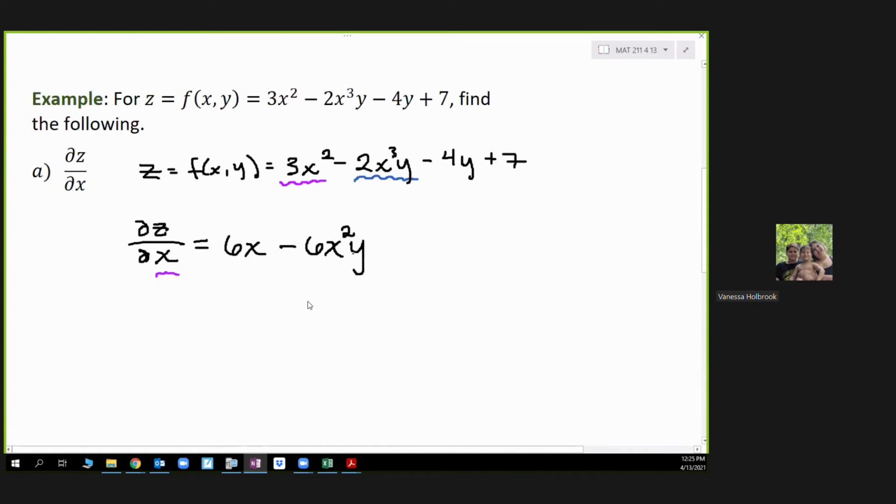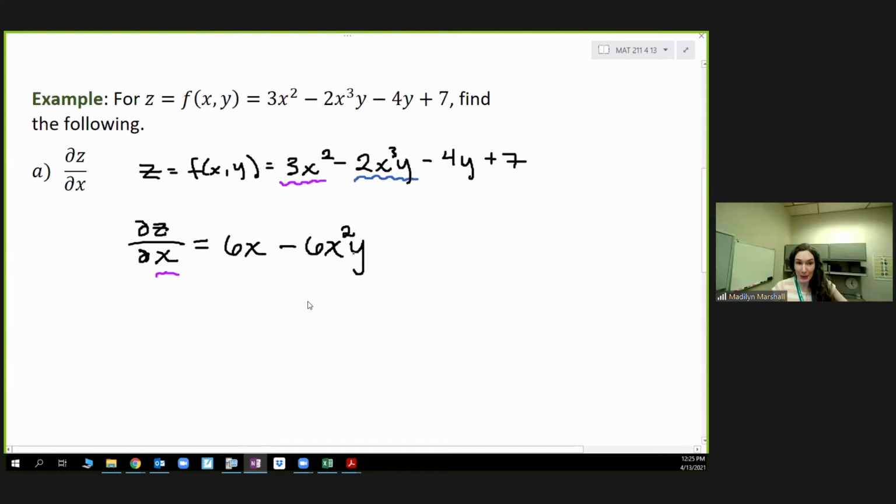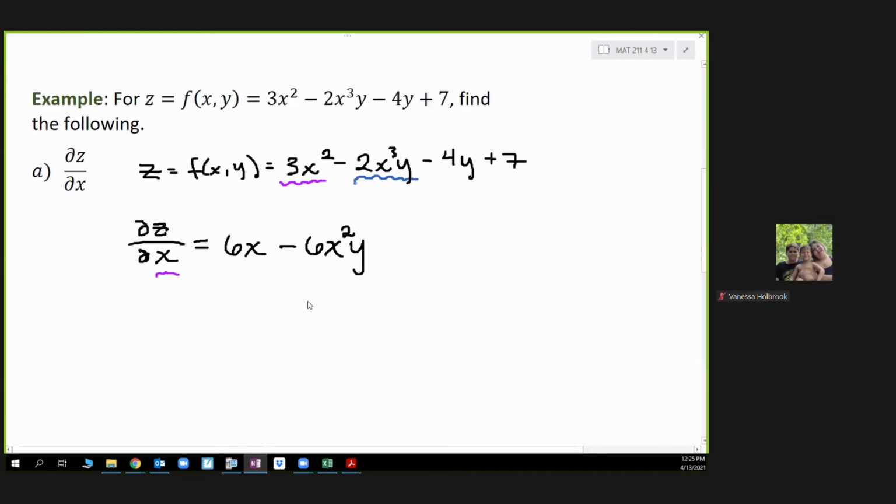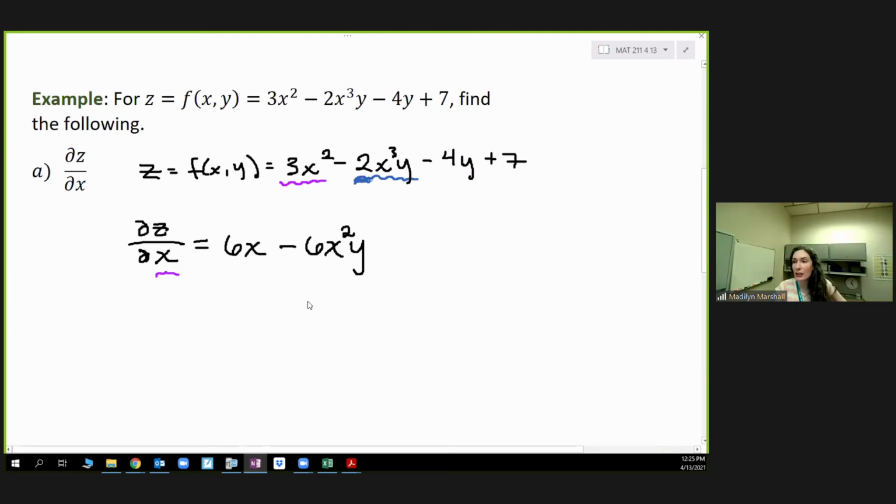I thought that since they turned to constants, that rule does not apply when there's an x and y in the same section. So it's still applying. Think of this 2 out here. That 2 is a constant that's being multiplied to x cubed.